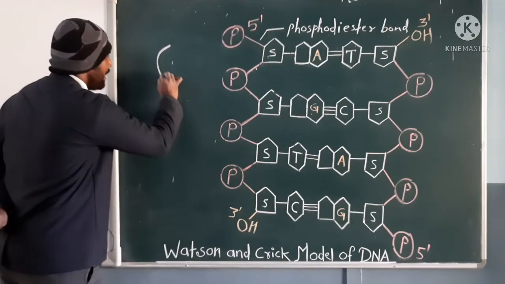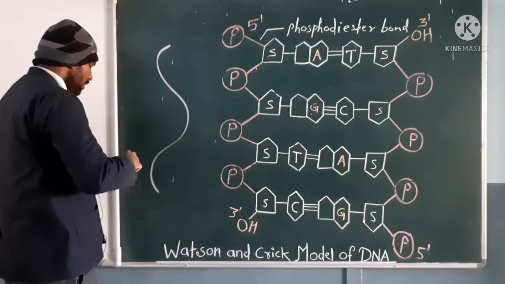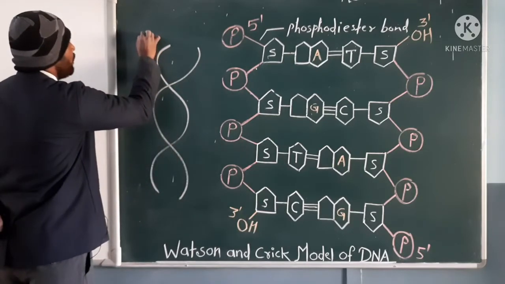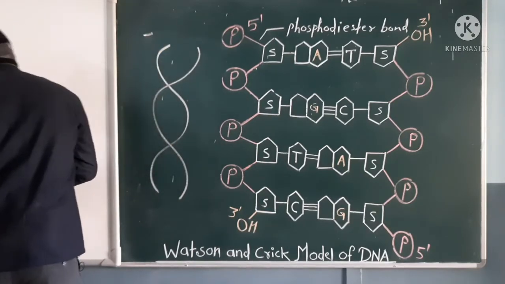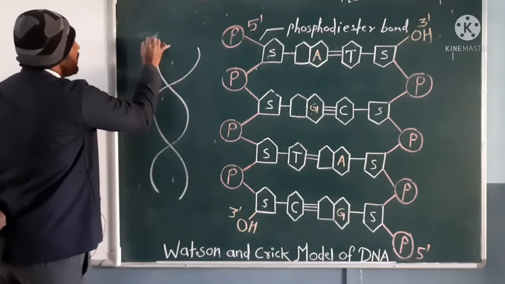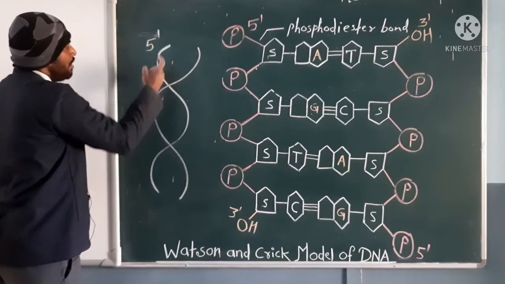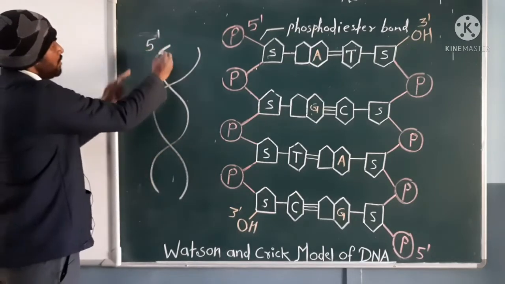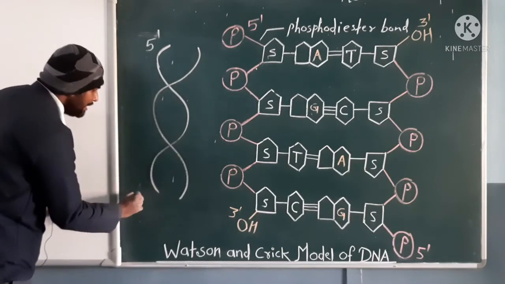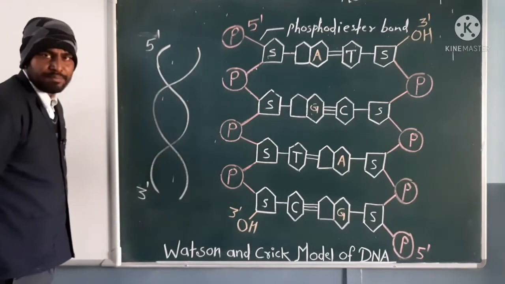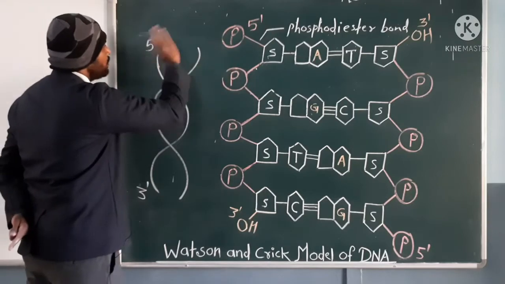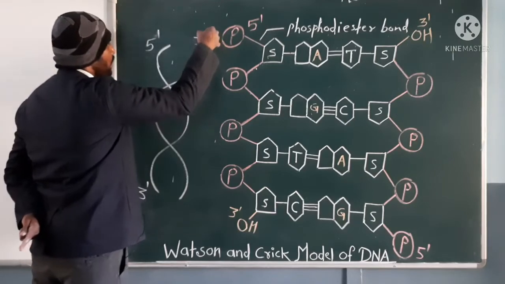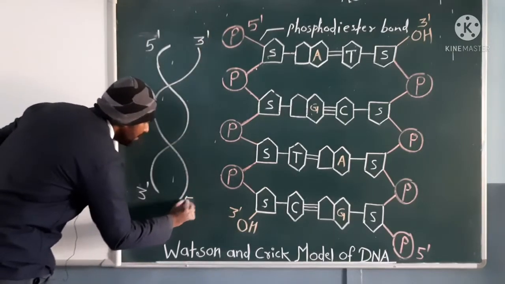If we draw the helical structure also, the 2 strands of DNA show different polarity. This is the 5 prime end, and if at one end of one strand it is 5 prime, the opposite end should always be 3 prime. So here this strand always starts with 3 prime and here it is always 5 prime.